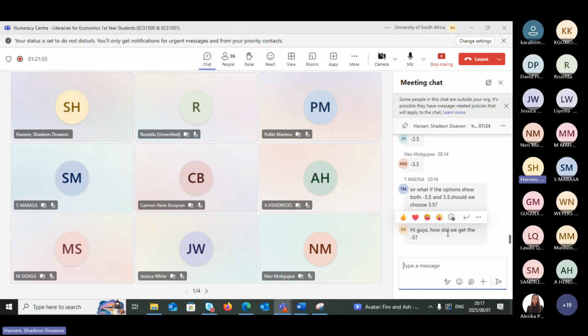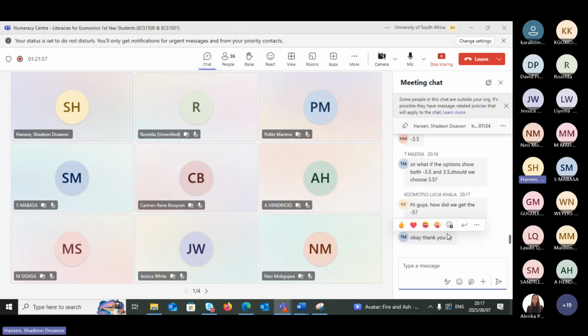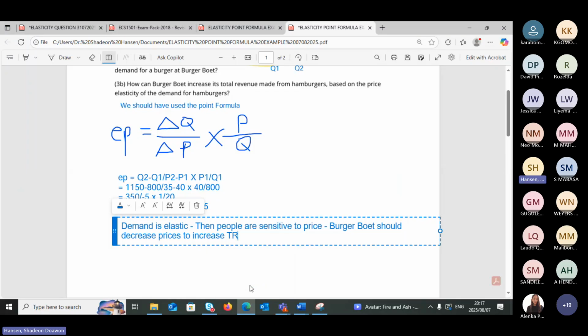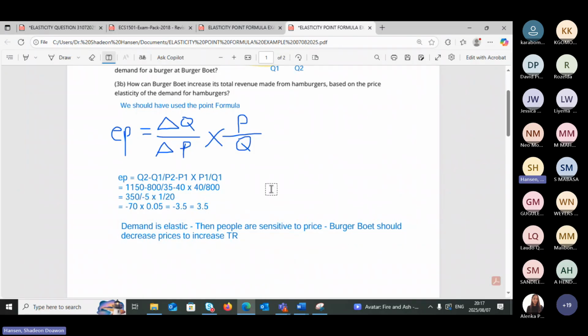It serves no purpose. So hopefully that clears any misunderstanding. It's a good thing that you're thinking about it in that way, but it is highly unlikely that something like that would happen. But anyway, that is how we got to the 3.5, students.